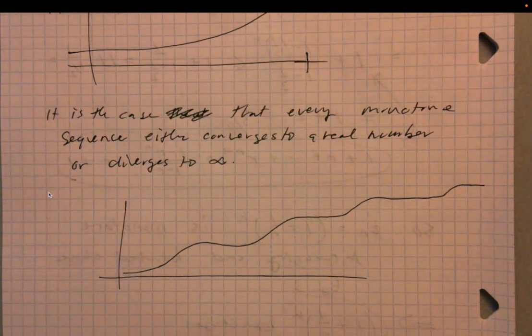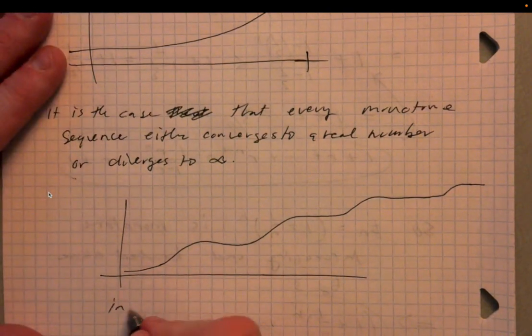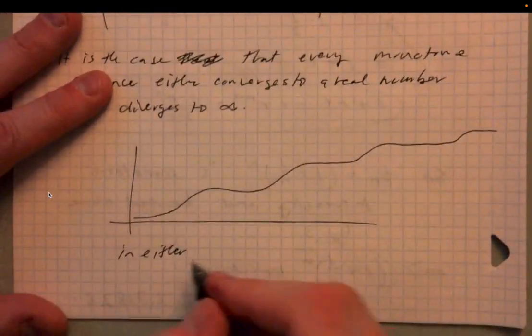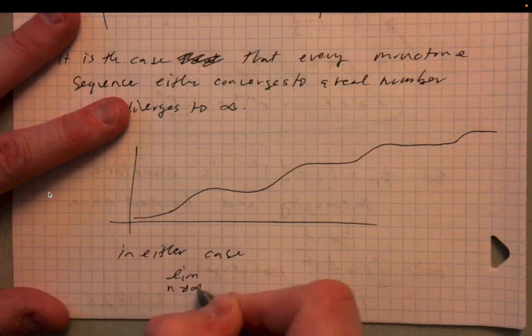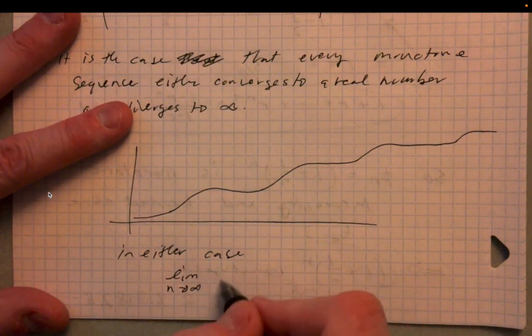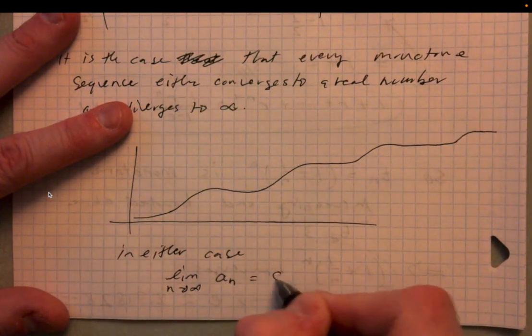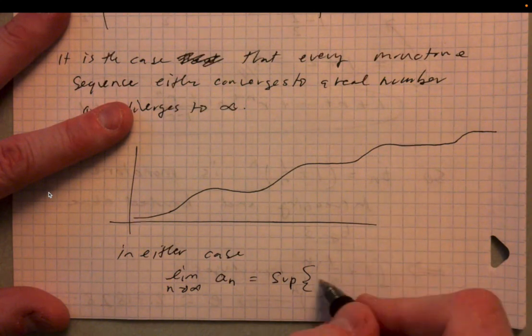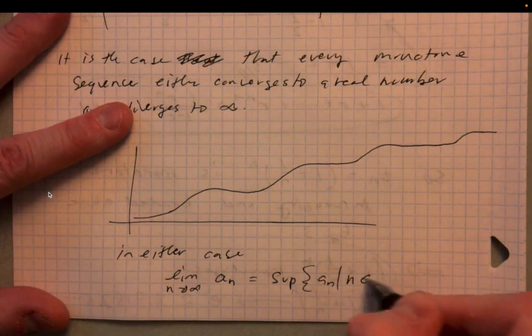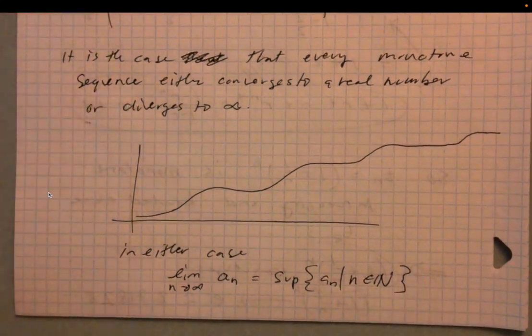And in either case, the limit as n approaches infinity of a sub n is going to be equal to whatever the supremum, or least upper bound, of these terms happens to be. That's going to be the limit. Okay.